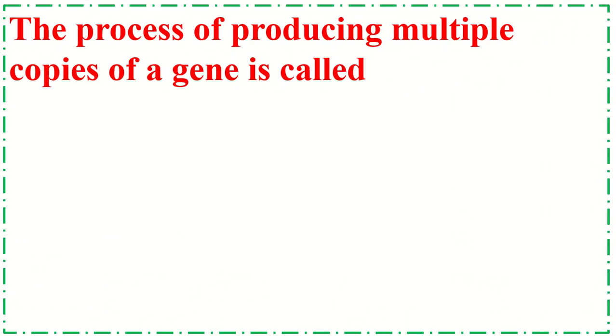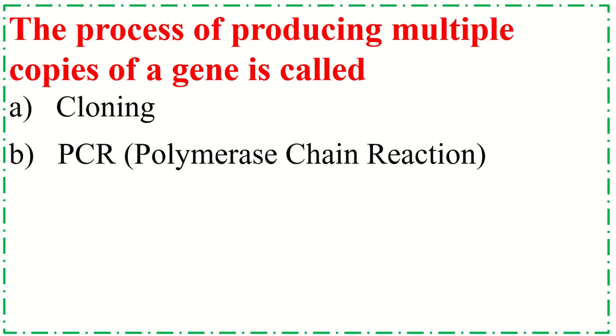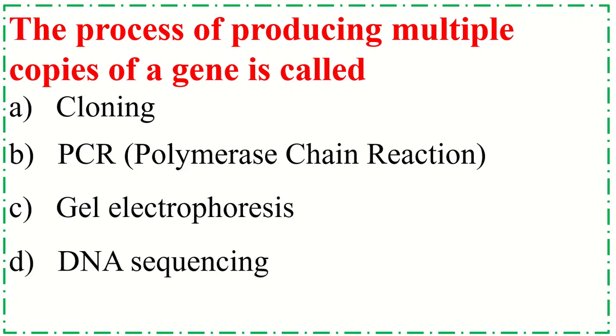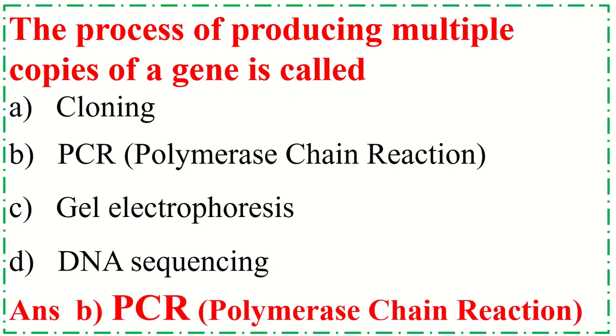The process of producing multiple copies of a gene is called option A cloning, B PCR, C gel electrophoresis, D DNA sequencing. So the correct option is B, PCR, polymerase chain reaction.